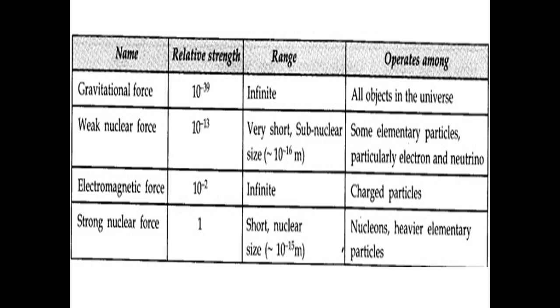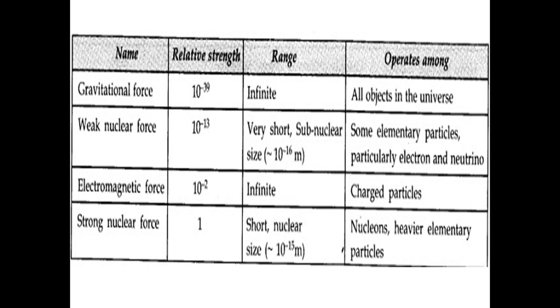We will be having a table. This table discusses the four fundamental forces, their range, how they operate among each other, etc. First one is the gravitational force. What is the strength of the gravitational force?